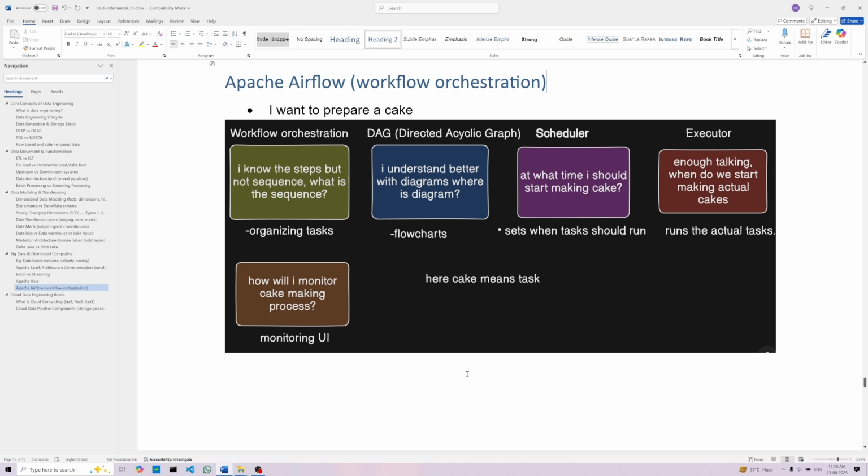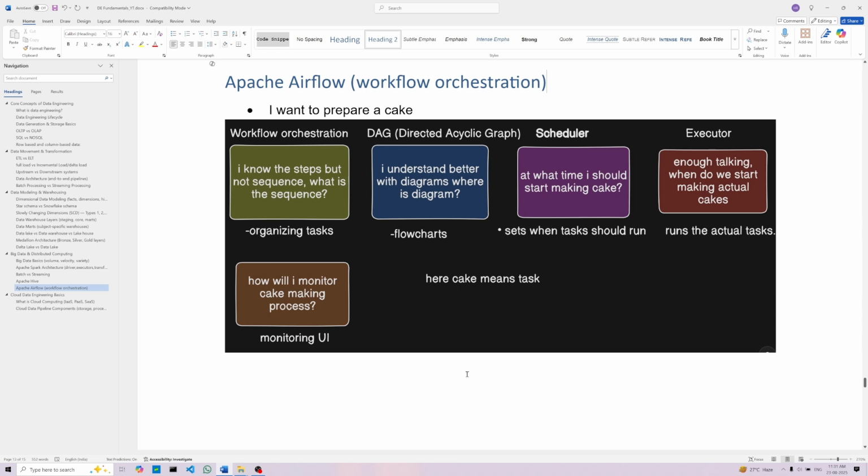My next question is, now I have done enough talking. When do we actually start making the cake? The answer is Apache Airflow. It will run the actual tasks. It contains an executor. My fifth question is, I'm preparing a cake, but what if something goes wrong in that?